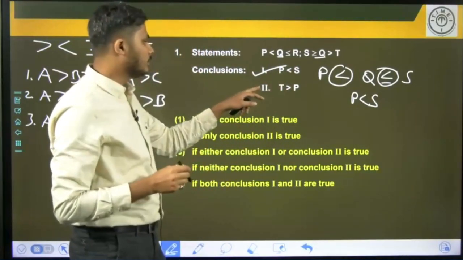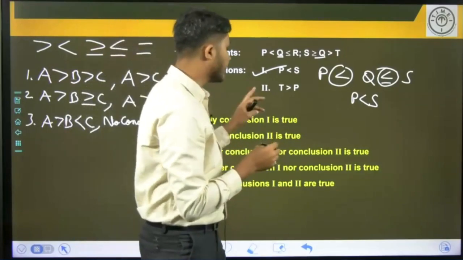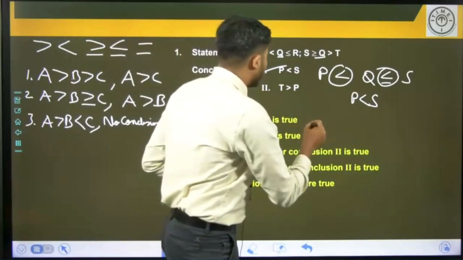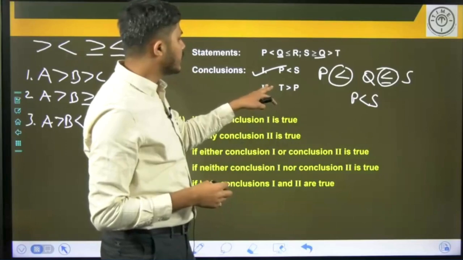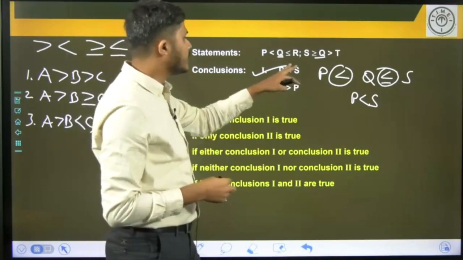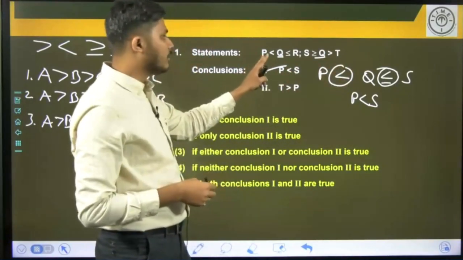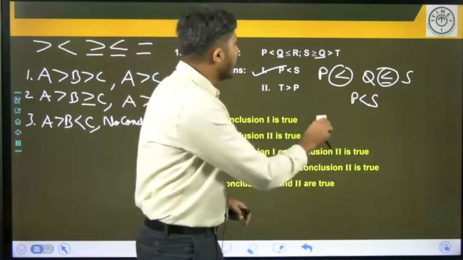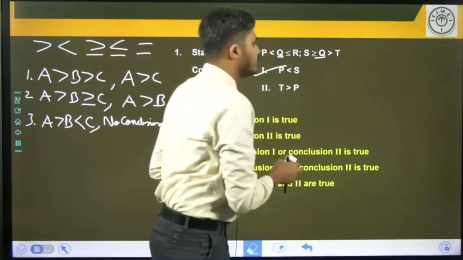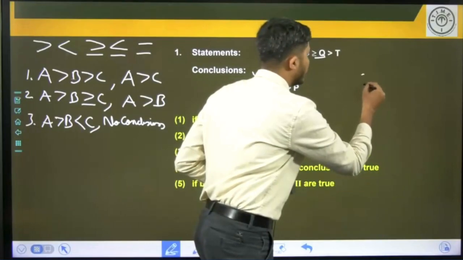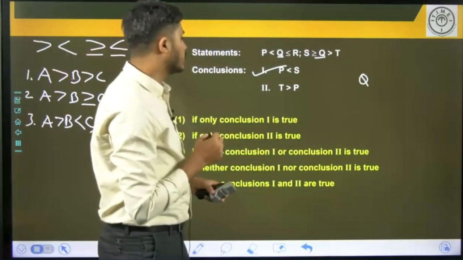Now let us look at the second conclusion. Similarly, here the relation is asked between T and P. T is in the second statement, P is in the first statement, and let us take Q in the middle, since Q is the common term between the two statements.